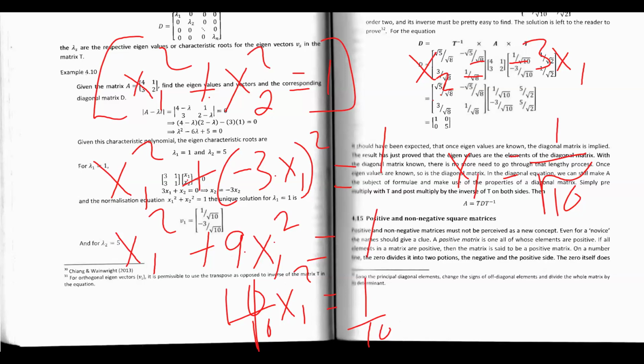It was x1 squared plus 9 x1 squared equals 1. So we added x1 squared plus 9 x1 squared is 10 x1 squared. Oh no, it's me who made the mistake. I didn't include the x1 squared to the 9. Okay.